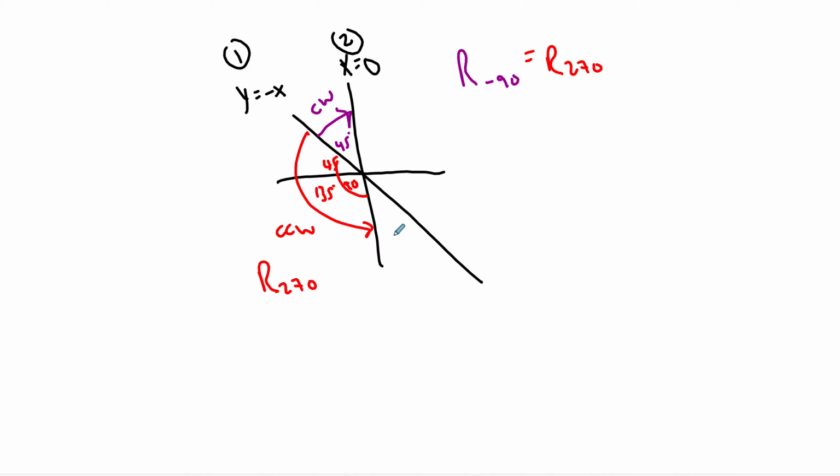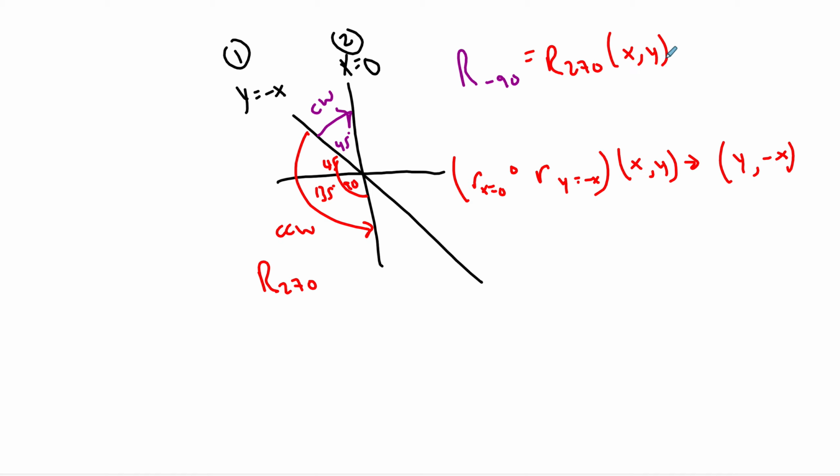And based on this, just knowing that we're doing a reflection over y equals opposite x first, and then a reflection over x equals 0, we could predict that (x, y) would become (y, opposite x), because we know that this has that formula, because in the end that composite reflection ends up being the rotation.